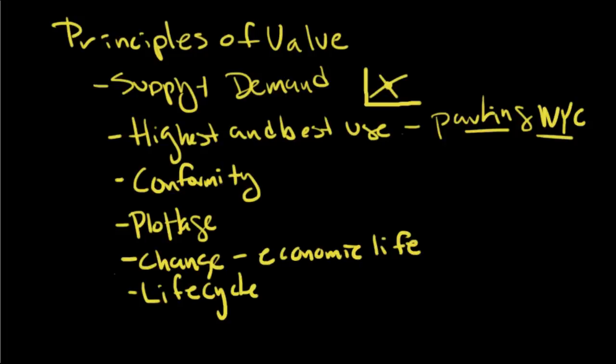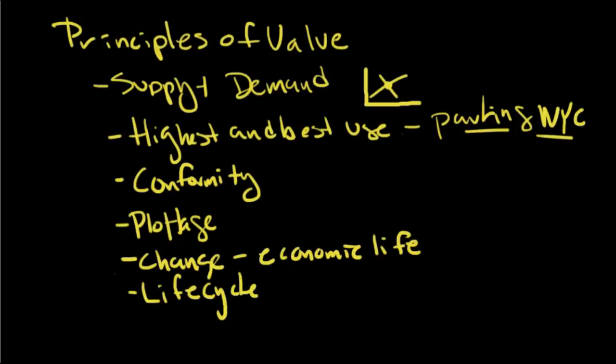The highest and best use is to build some type of office skyscraper type situation. So that's what we mean by the highest and best use. That's a principle of value. It kind of seems obvious, but there's a word for that. Economics professors put a phrase to that, and it's called highest and best use.